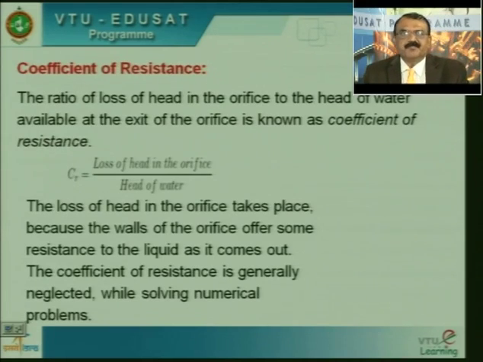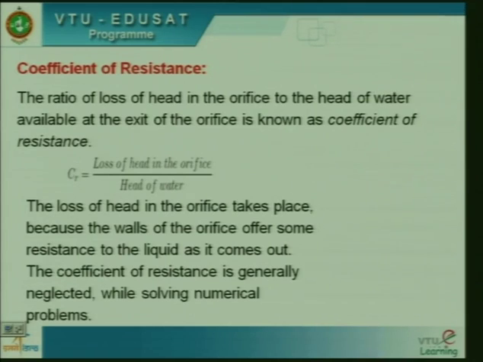Come to the last one, coefficient of resistance. The ratio of loss of head in the orifice to the head of water available at the exit of the orifice is known as coefficient of resistance. Again, I will define this. The ratio of loss of head in the orifice to the head of water available at the exit of the orifice is known as coefficient of resistance.